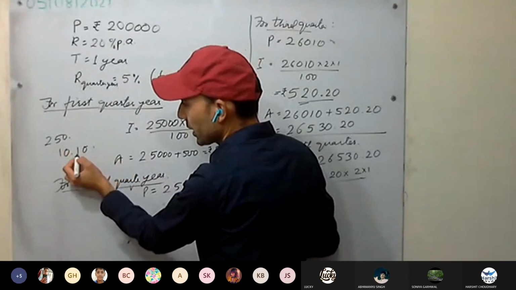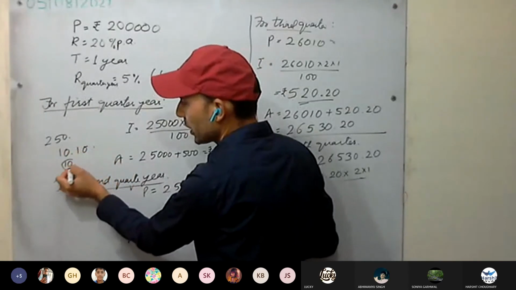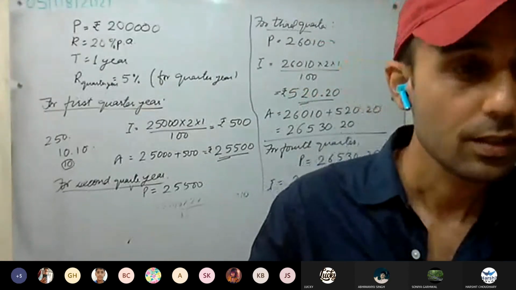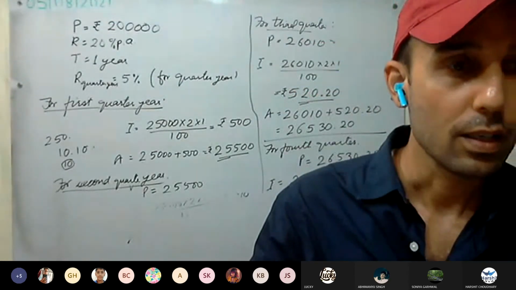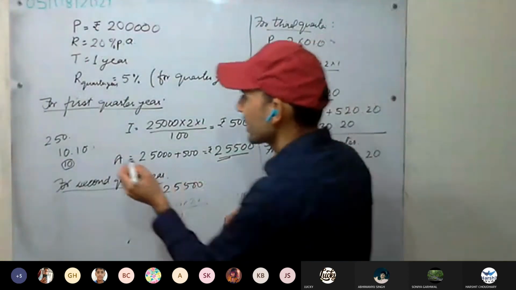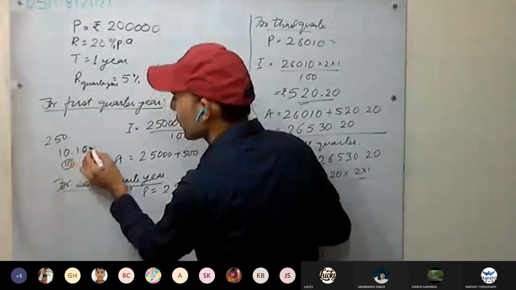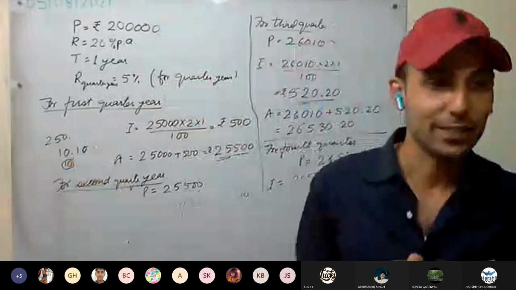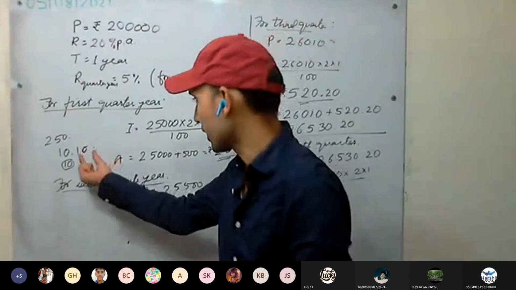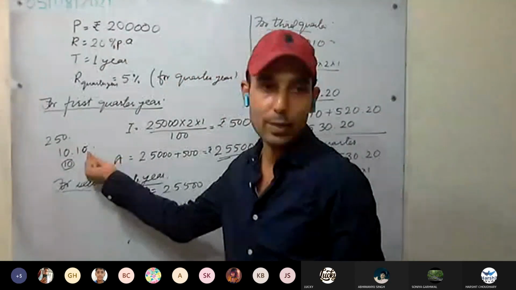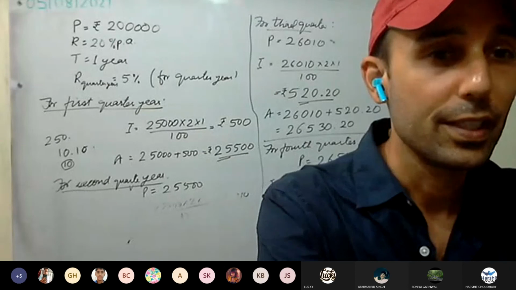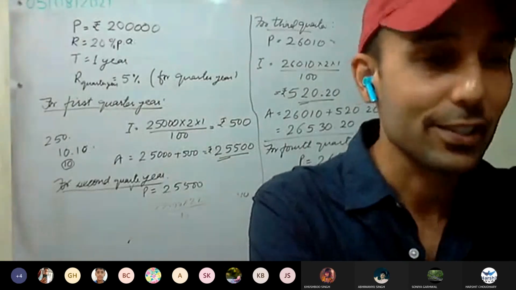If we round it off, it is less than 5, so it will remain as 10. 100 paisa makes 1 rupee. See here, consider this differently. This is 0.1. Okay, tomorrow we are going to discuss these things after the decimal. It's a decimal number, 0.10. We'll discuss it tomorrow.